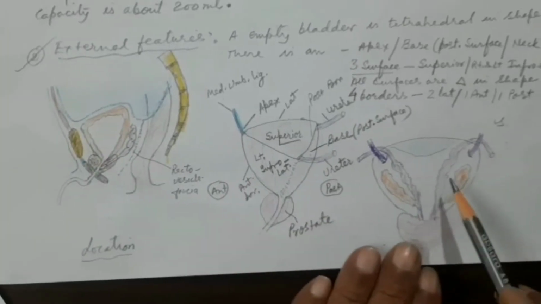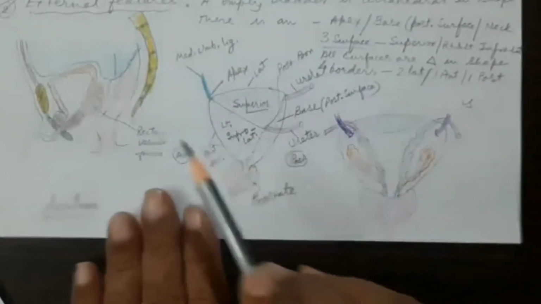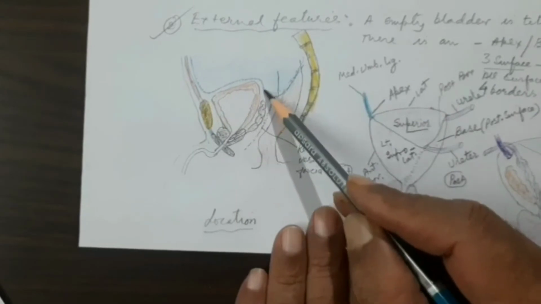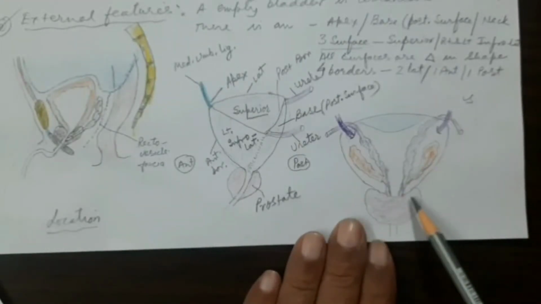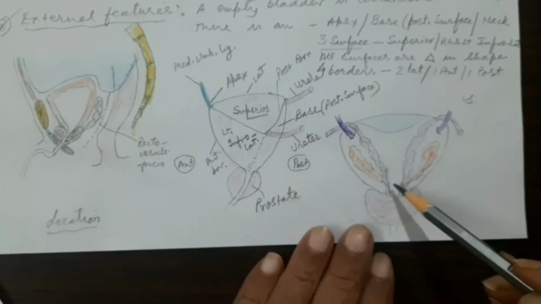See here, this I have drawn from the posterior aspect. Sitting here in front of the rectum, for example, we are looking towards this surface which is the base or the posterior surface of the bladder. So the whole thing is the base. This is the base or the posterior surface of the urinary bladder which we are seeing from behind.